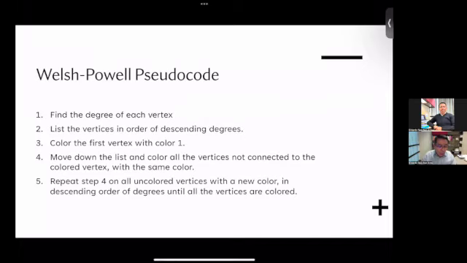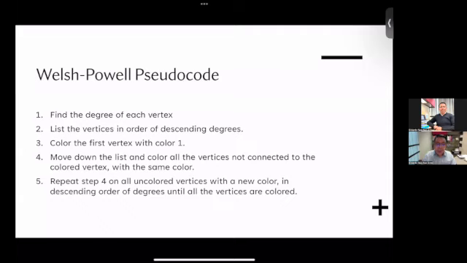So let's see the pseudocode of this algorithm. It basically says that the first step is to compute the degree for each vertex on the graph. Then we are going to list the vertices in order of descending degrees.